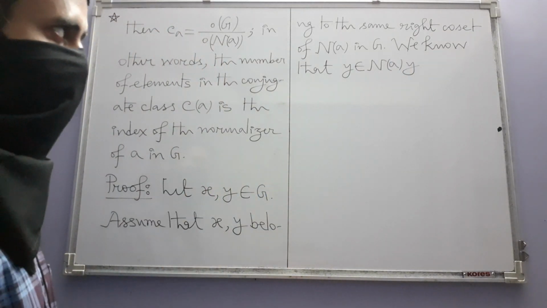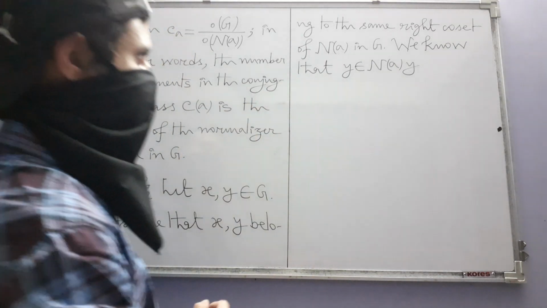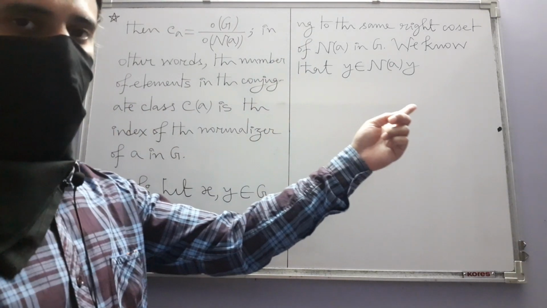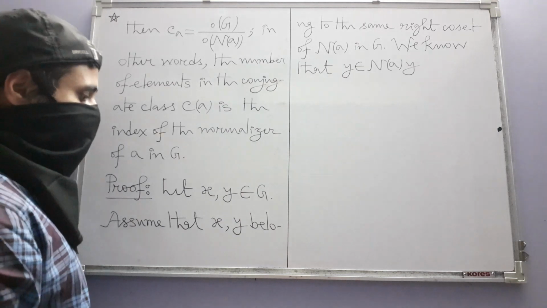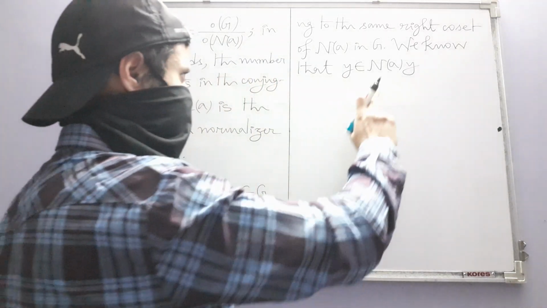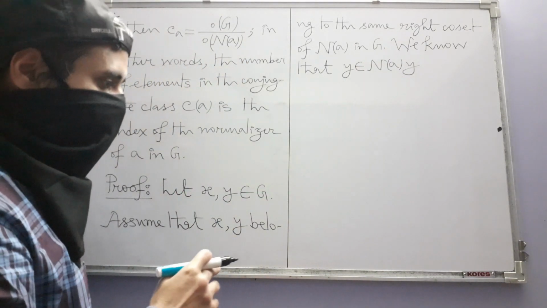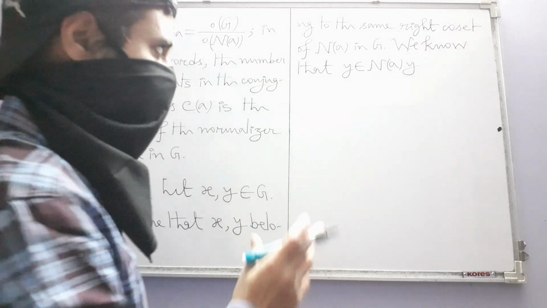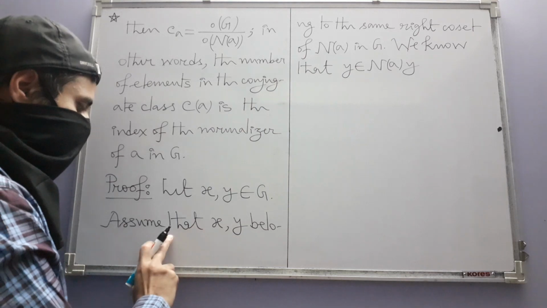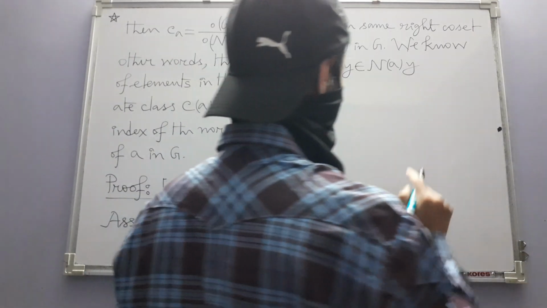It is any element in N(A) times y. So you take e times y, you get y. And keep in mind that because the right cosets form a partition of the group, y already belongs to this right coset, so it cannot belong to any other right coset. So that's why this is the only unique right coset containing y. So our assumption now says that x also belongs to this.